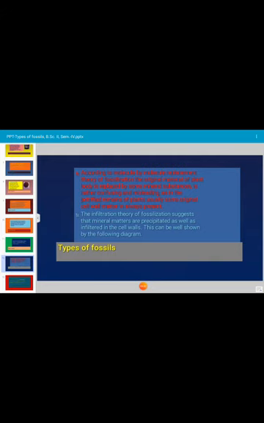The infiltration theory of fossilization suggests that mineral matters are precipitated as well as infiltrated in the cell walls. This can be well understood by the following diagram.